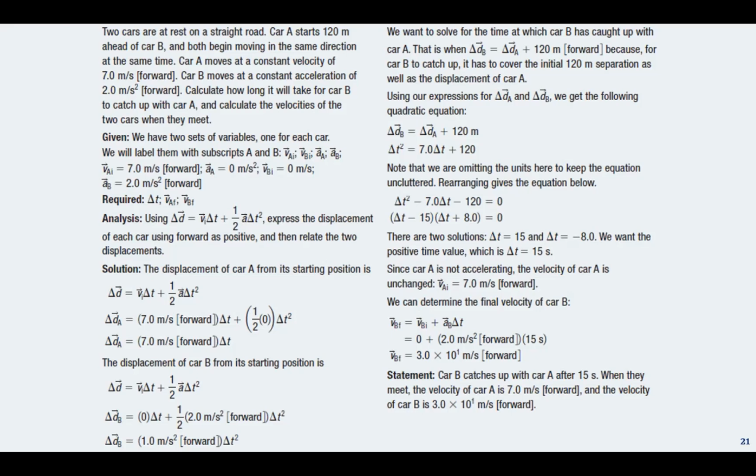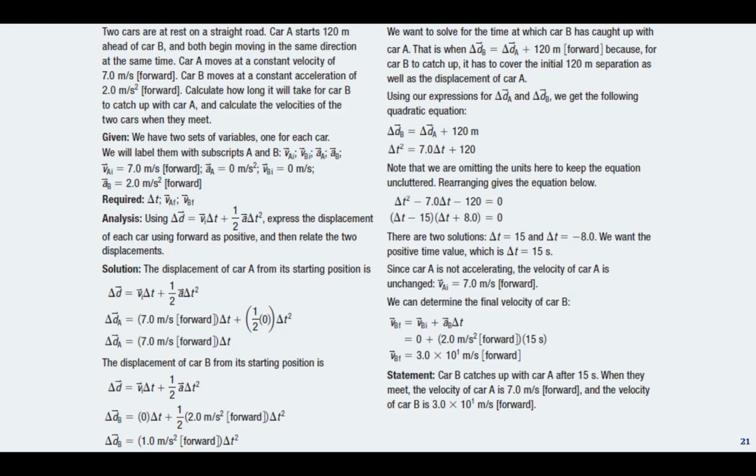Since car A is not accelerating, we can find the velocity of car A at the end of this process, which is VAF equals VAI, which is 7 meters per second, right?